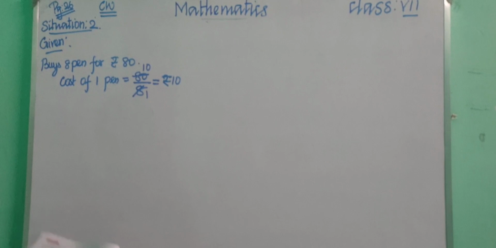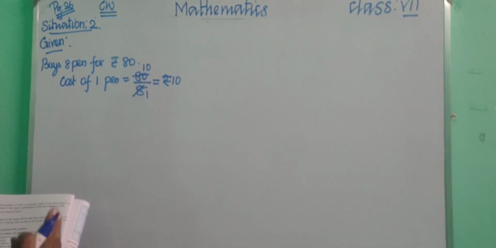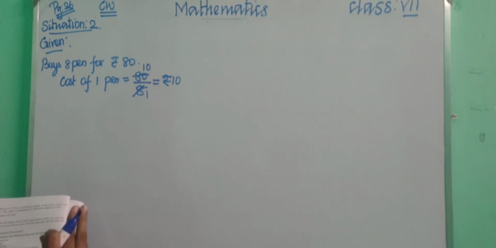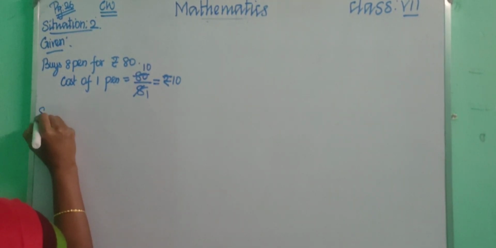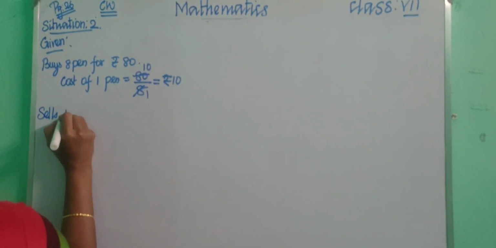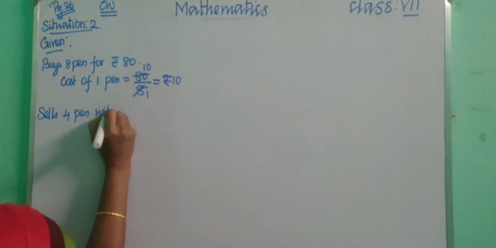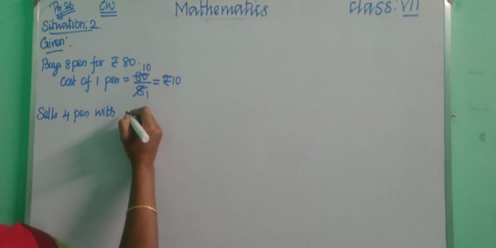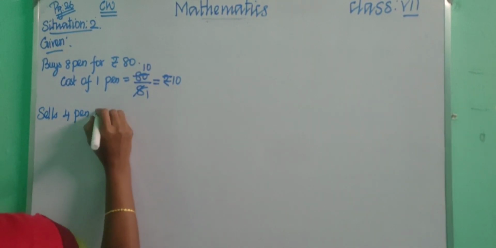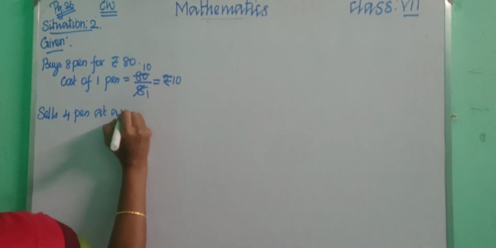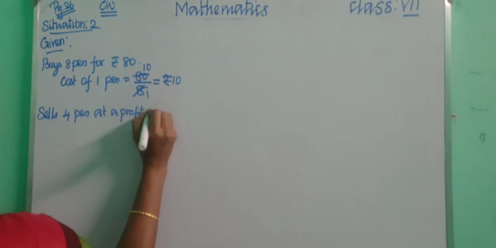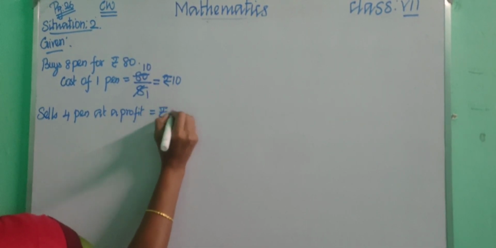And he sells 4 pens with a profit of 3 per pen. So sells 4 pens at a profit of rupees 3.